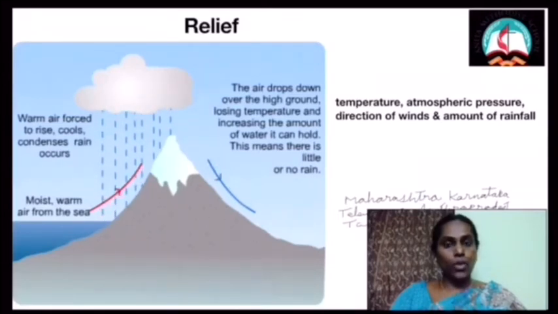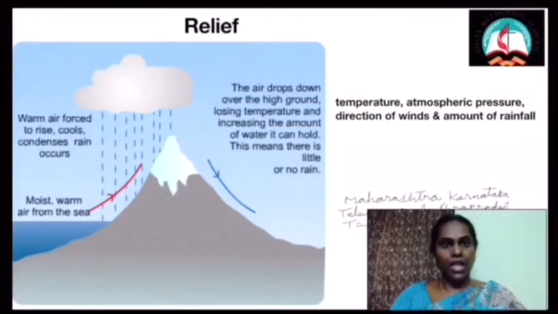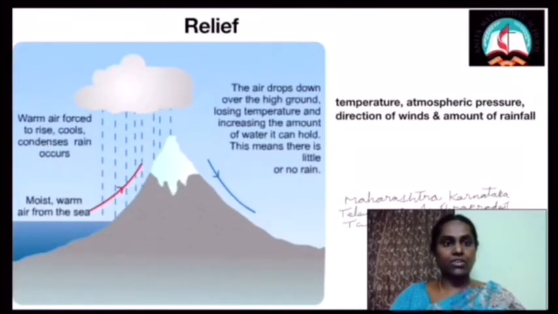During southwest monsoon, areas on the western slope of the Western Ghats receive heavy rainfall. On the contrary, vast areas of Maharashtra, Karnataka, Telangana, Andhra Pradesh and Tamil Nadu lie in rain shadow or leeward side of the Western Ghats and receive very little rainfall.